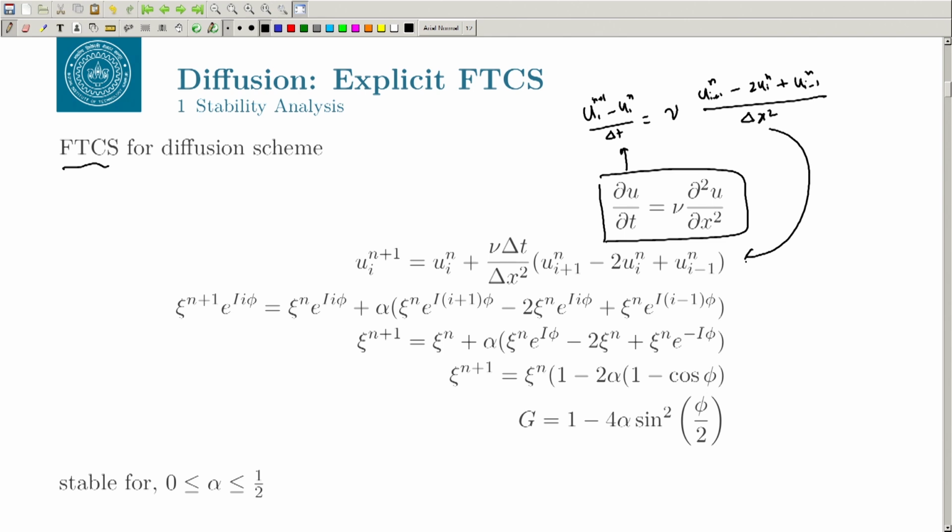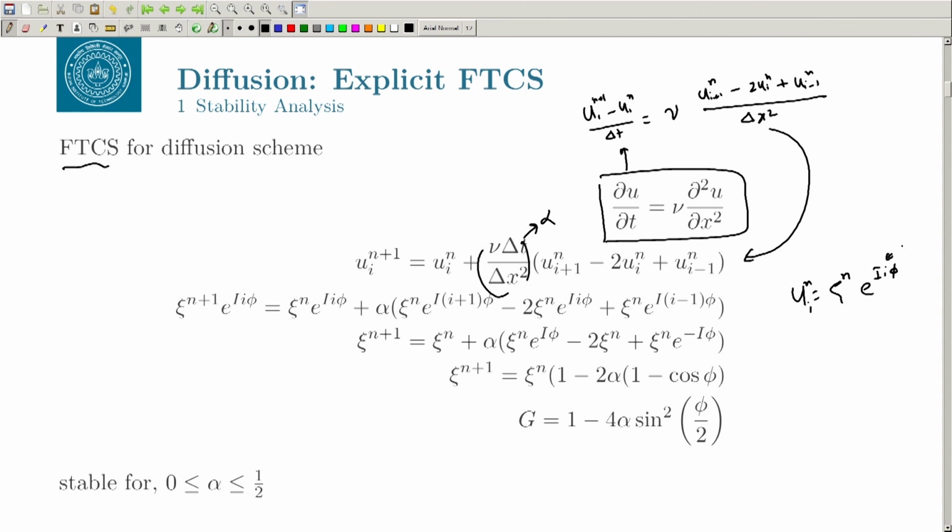You can modify and rearrange it and you will get this form. Take this as alpha, and then use the form u equal to z to the power n e to the power I phi.